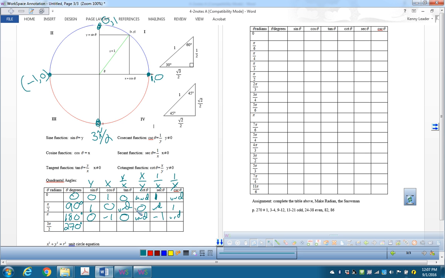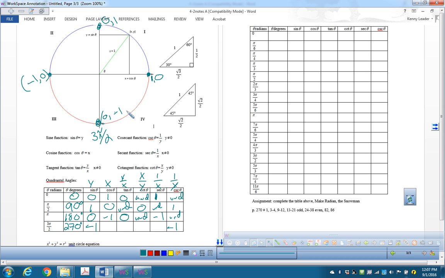These numbers, the numbers in this row, are going to match the numbers in this row, except all the y's are going to be what? Negative. So anything that involves a y is going to be negative. So I'm going to just, are we okay with this? Negative 1. And I'm going to put negative 1 over here because these coordinates are 0, negative 1, right?